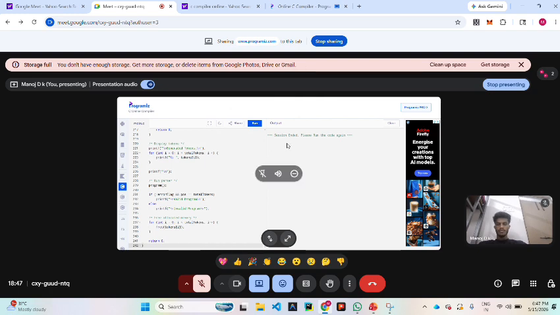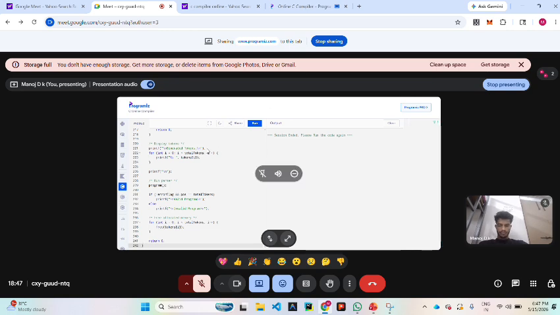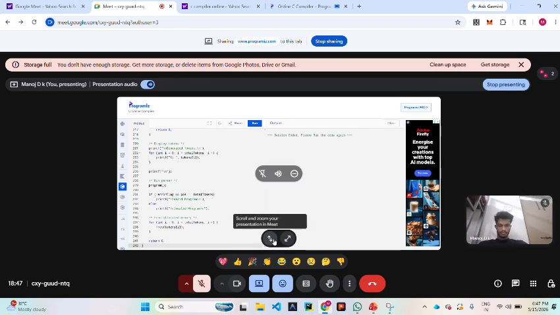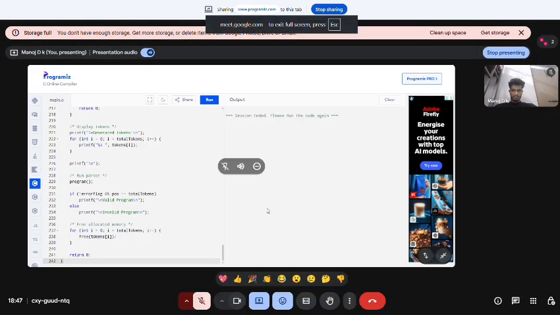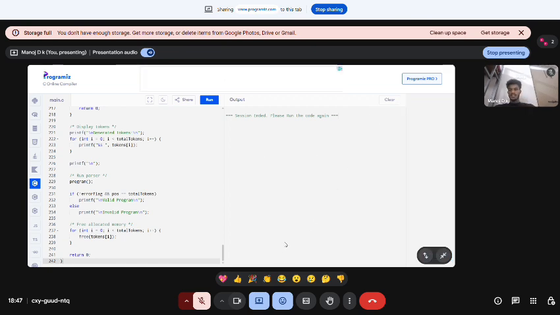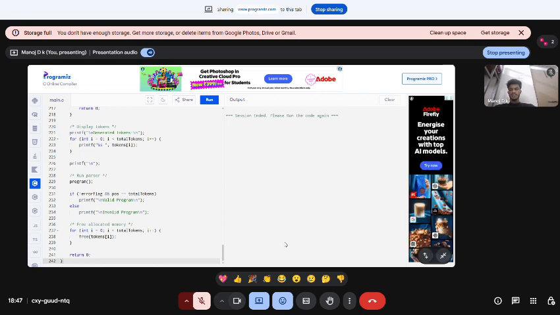The program begins with the standard C header files such as stdio.h for input output, string.h for string operations, ctype.h for character checking, and stdlib.h for dynamic memory allocation.